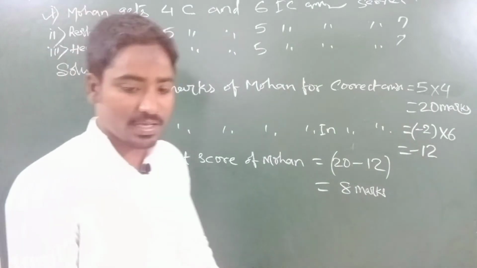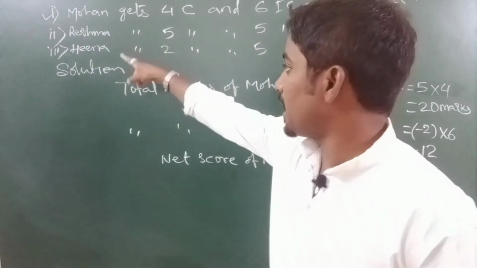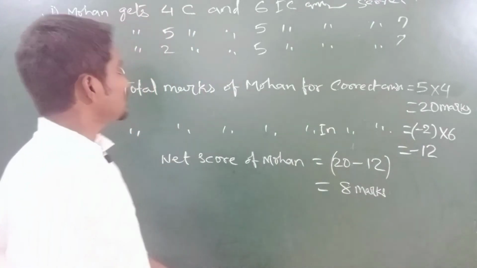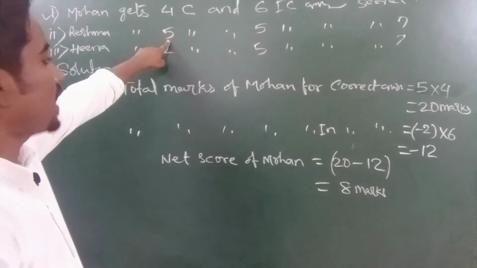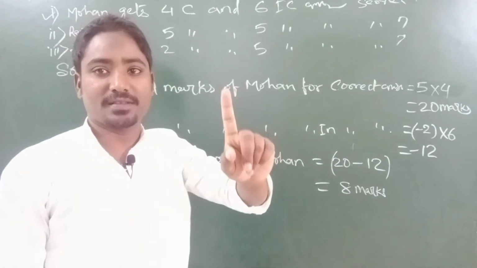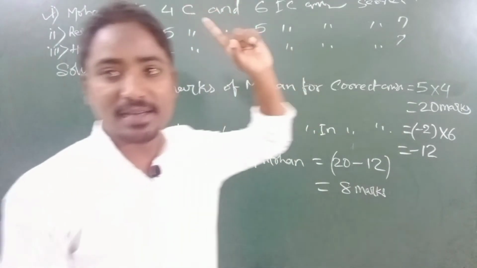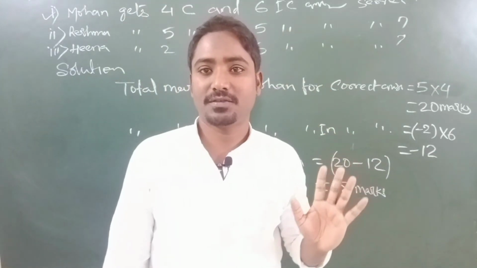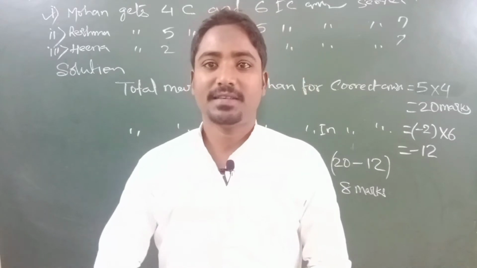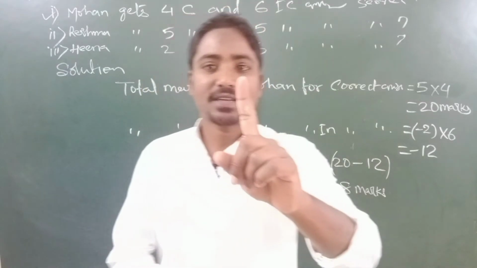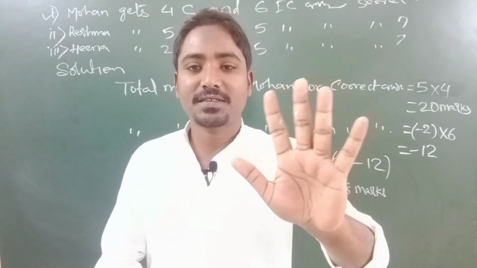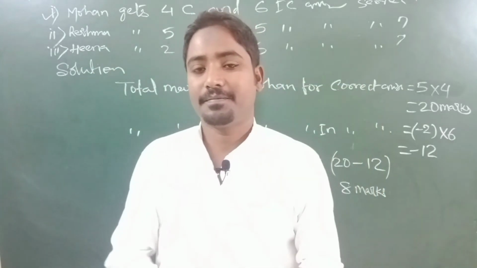Now similarly we will find out for Reshma and Hina. In case of Reshma, students, she is attempting 5 correct answers and 5 incorrect answers. So verbally also we can solve it. देखो बताऊं मैं कैसे verbally solve कर सकते हैं. For 5 correct answers, 5 fives are 25.